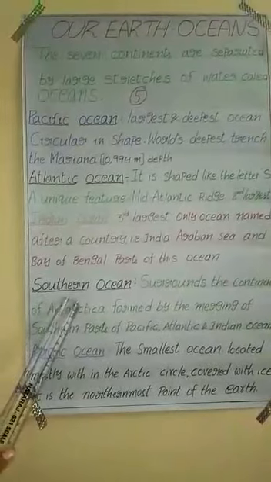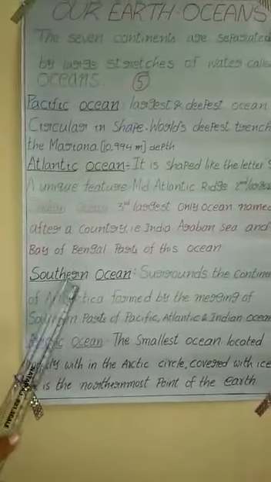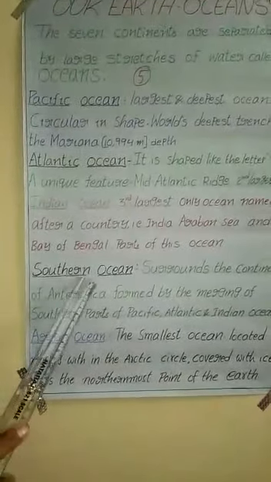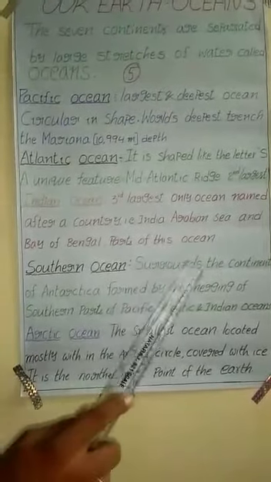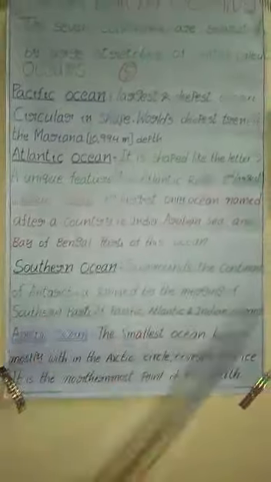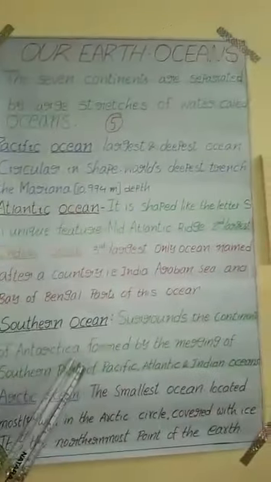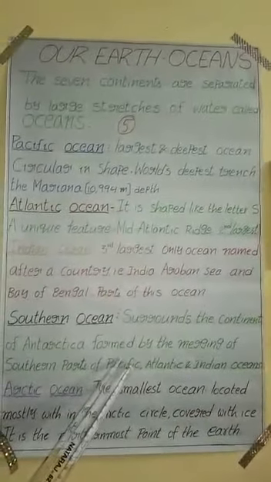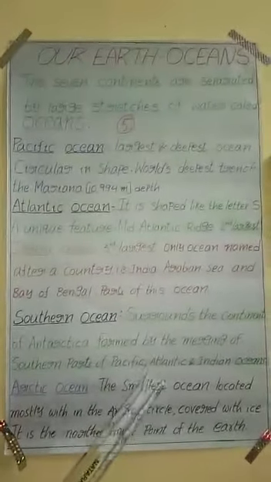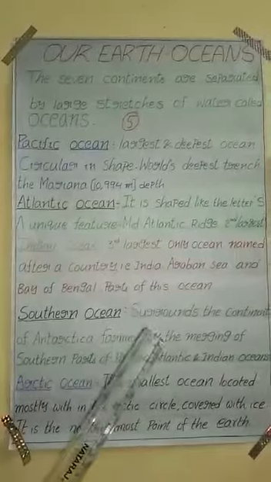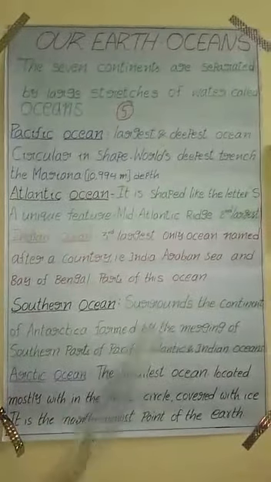Next, coming to the fourth one, the Southern Ocean. The fourth largest ocean, the Southern Ocean, surrounds the continent of Antarctica. It completely surrounds the entire continent of Antarctica, and it is formed by the merging of the southern parts of the Pacific Ocean, Atlantic Ocean and Indian Ocean, and lies in the southern hemisphere.